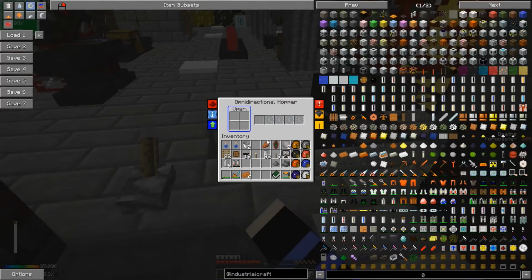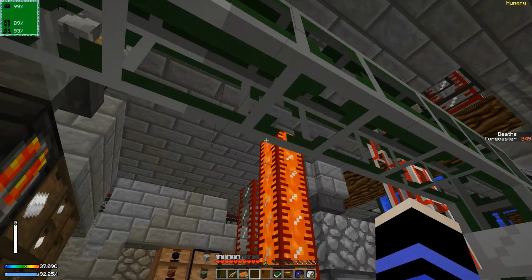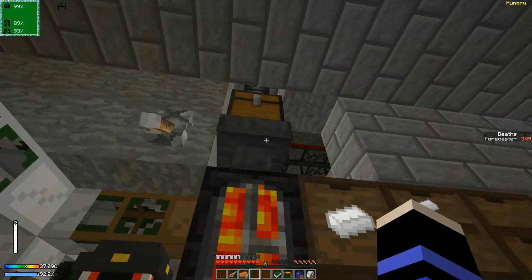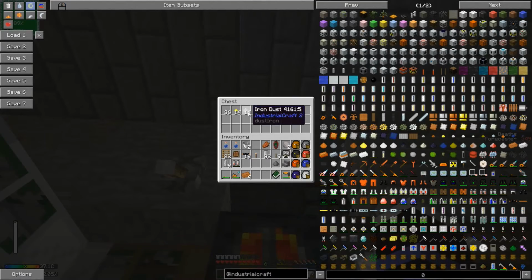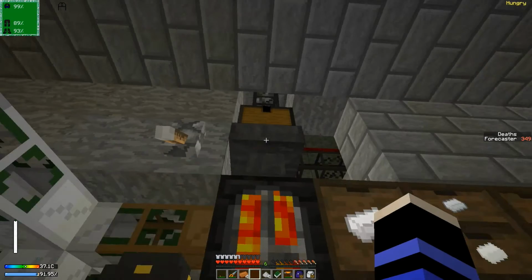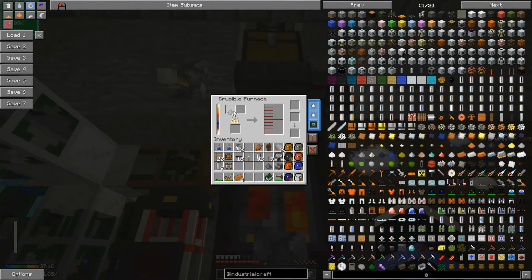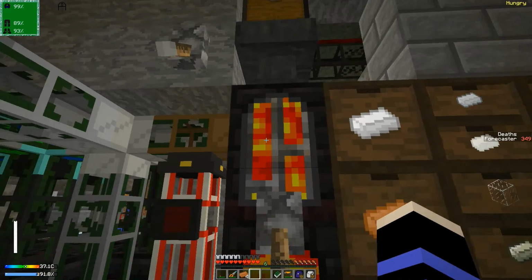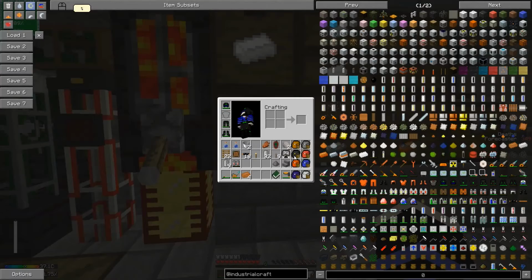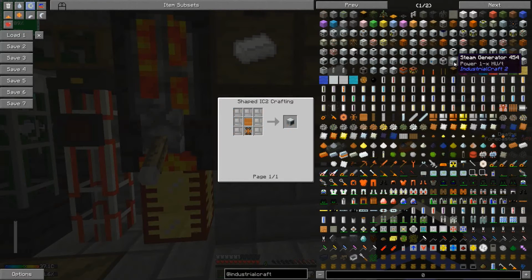Do we have any here? No. Oh, okay. Let's grab some dust from here and put that in here manually. That will get us the iron ingots we need. For that, we need a heat conductor, which is 3 copper plates.